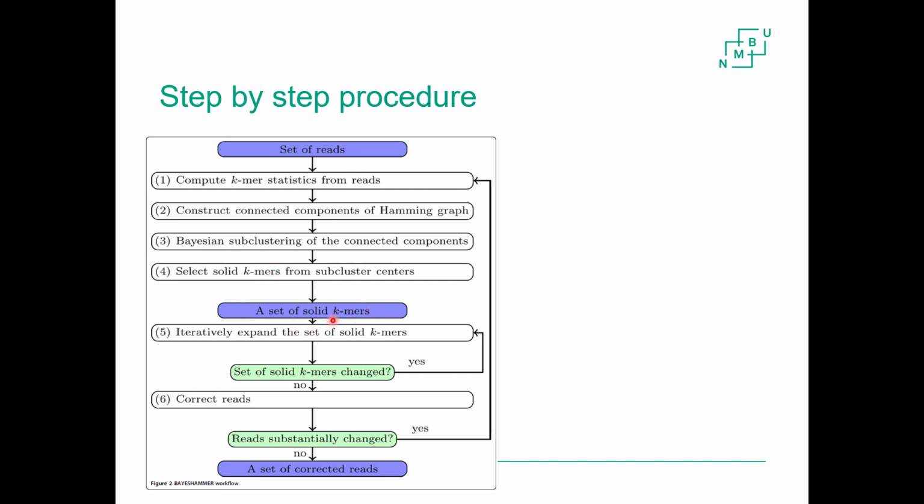And then from these solid k-mers, we can expand the solidness in step number 5. We will also see this is pretty easy. And finally, correcting the reads, right? So the point is to take a set of reads as input, a FASTQ file or 2 FASTQ files if we have Illumina data. And the output is also FASTQ files.